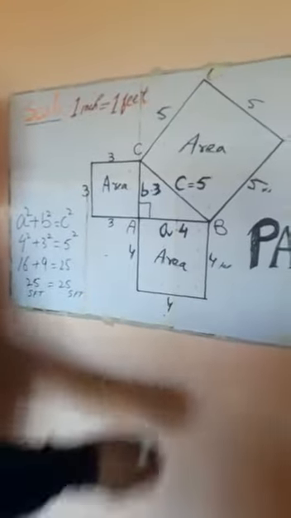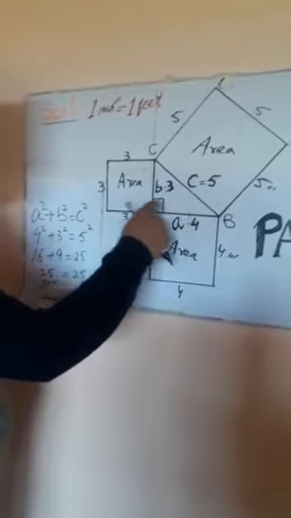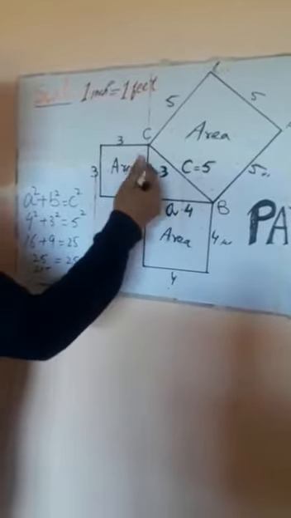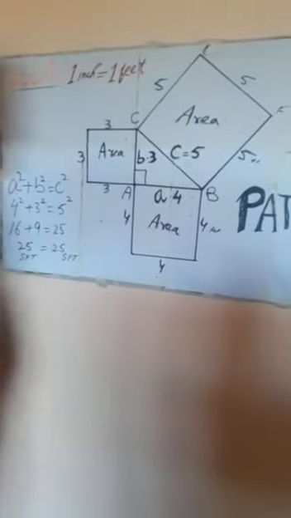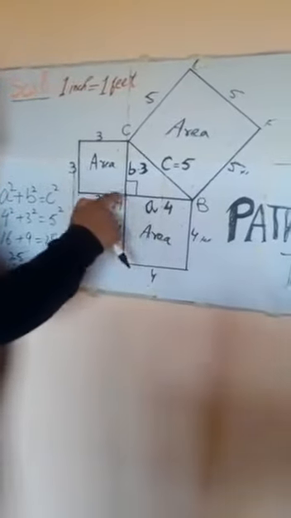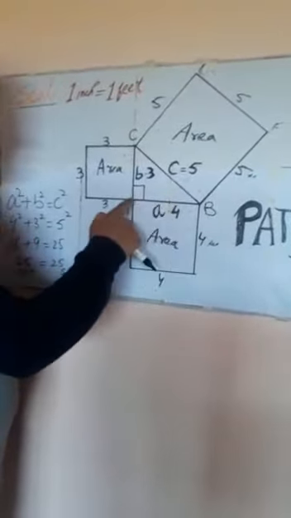We all know Pythagoras depends upon a right angled triangle ABC. I took a right angled triangle ABC. AB is base, AC is perpendicular, and BC is hypotenuse.